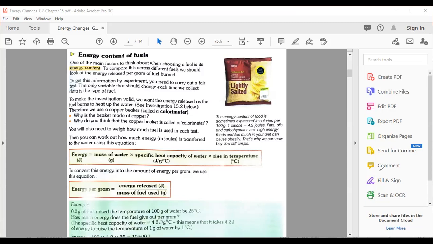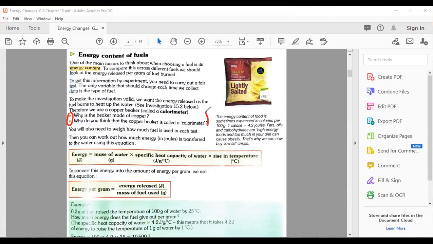Okay, now you know about the calorimeter. Why is the beaker made of copper? That is your assignment. Second question, why do you think the copper beaker is called a calorimeter?